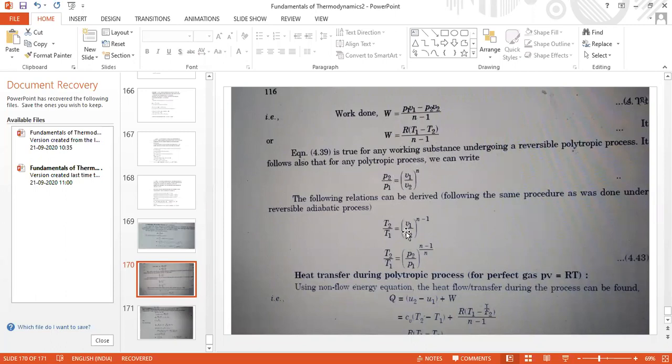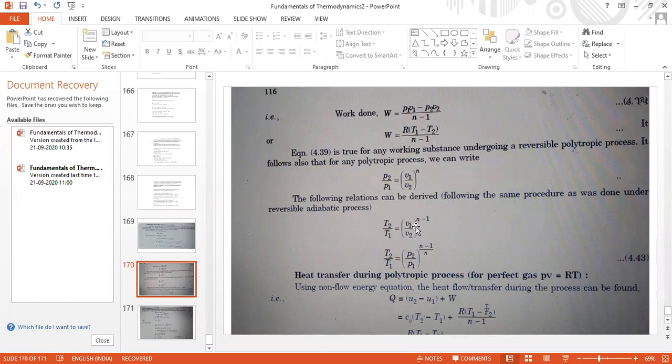Now I want the temperature ratio. Here again we require the perfect gas equation, which is not shown here. From the perfect gas equation, we write P1 V1 by T1 equal to P2 V2 by T2, and T2 by T1 equal to P2 V2 by P1 V1.